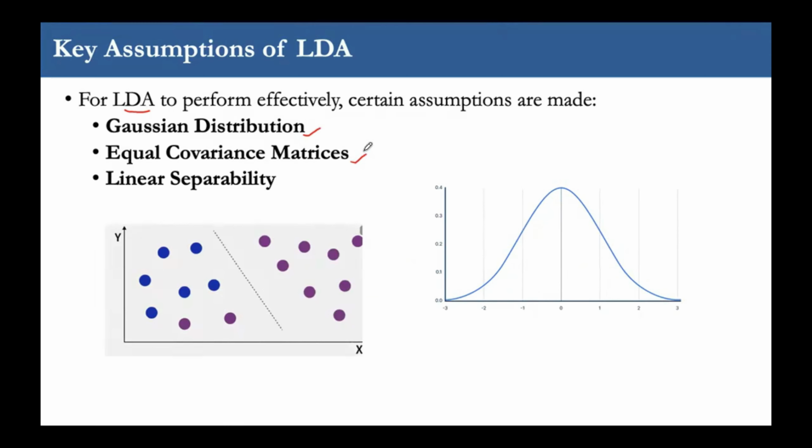It means that all classes should have the same covariance structure. The next one is linear separability. The data should be linearly separable using a straight line or a plane or a hyperplane. So in this case, even though there is a misclassification, you can see there is a straight line which separates two different classes. Following these assumptions, LDA works.